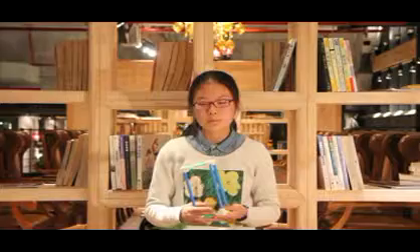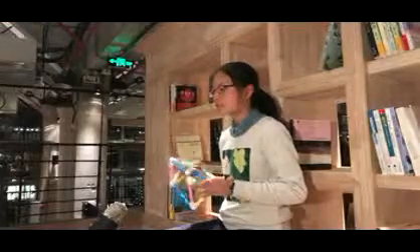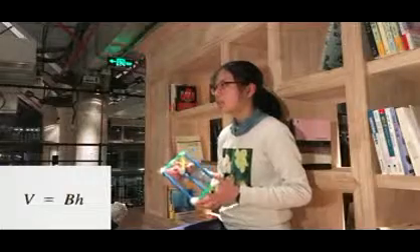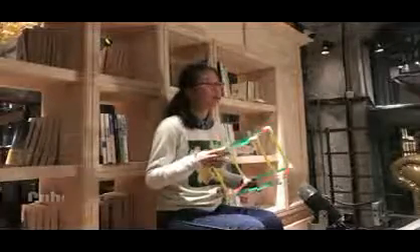The volume is 1 divided by 2 times b times h. It means base area times h. Next, I will talk about cube.